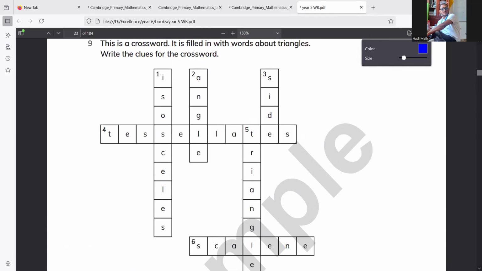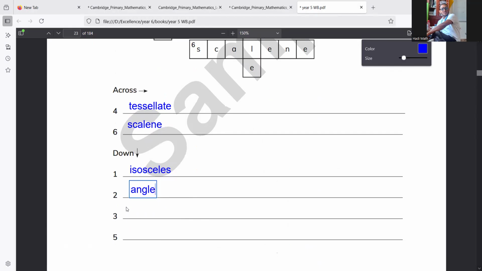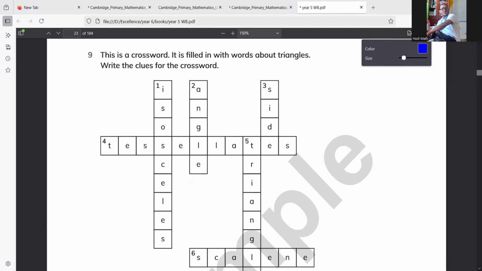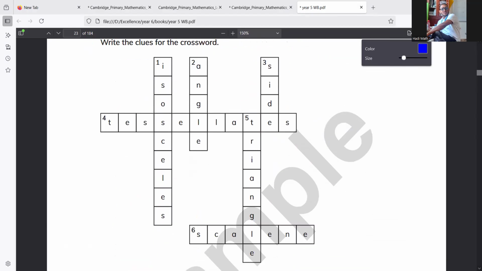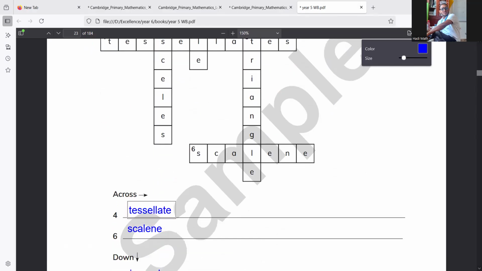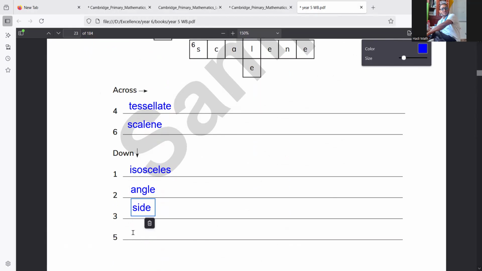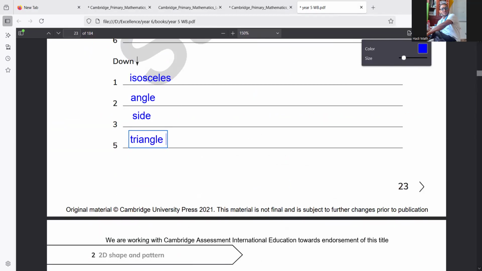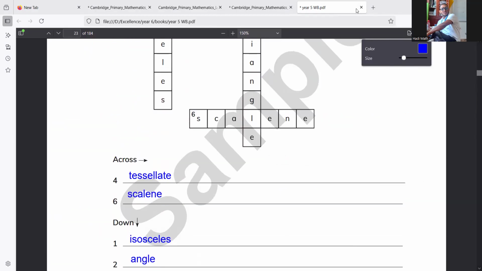Then number 3, we have sine. Number 5, we have triangle. So these are the words. This is the end of this exercise. See you next time in another exercise, bye-bye.